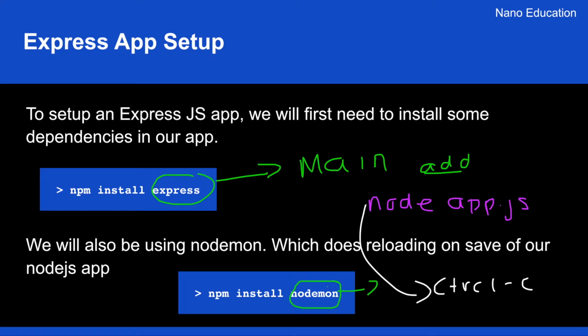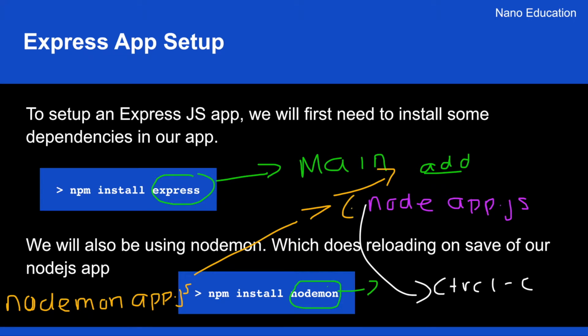But with NodeMon, it doesn't do that. Instead, all we do is run nodemon app.js, and obviously you'll be including this in your package.json. Don't worry if you don't know what that is. We'll look at it together. Right, that's what you run, and every time I make a change, like I do an addition, it reruns the command automatically for me, so I don't have to do it.